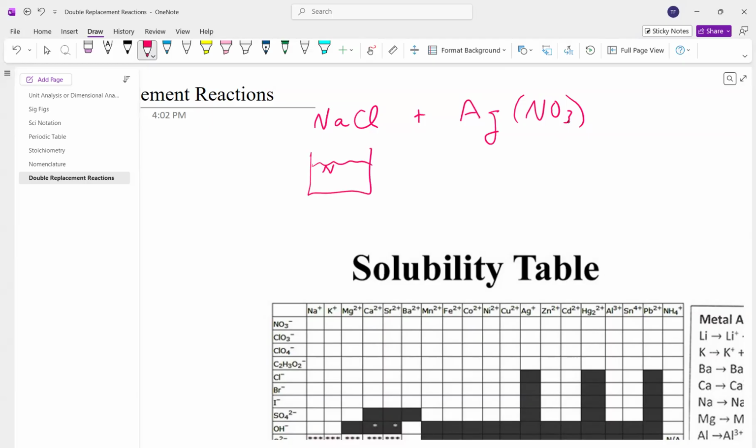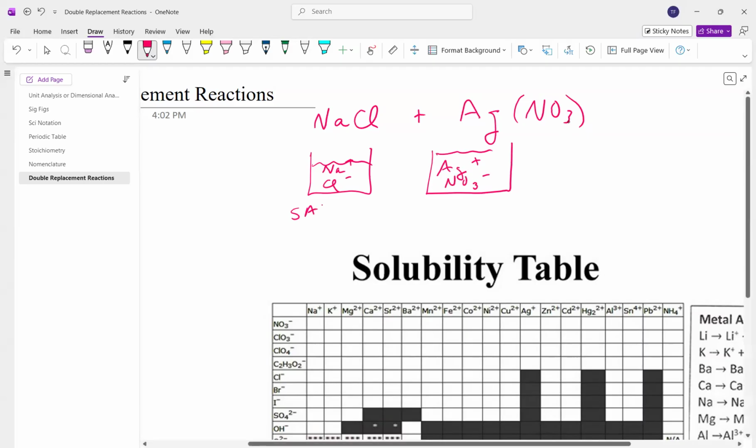It's got sodium ions, chloride ions. And silver nitrate. It's got silver and nitrate ions. So salt, because it's ions, salt, ions.